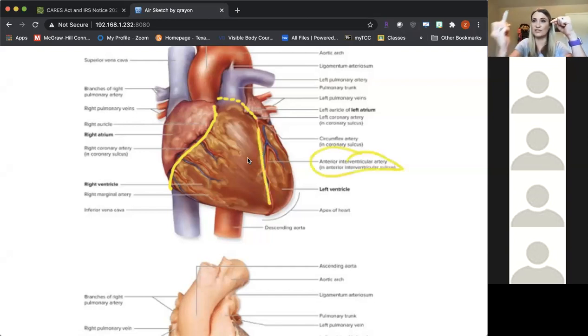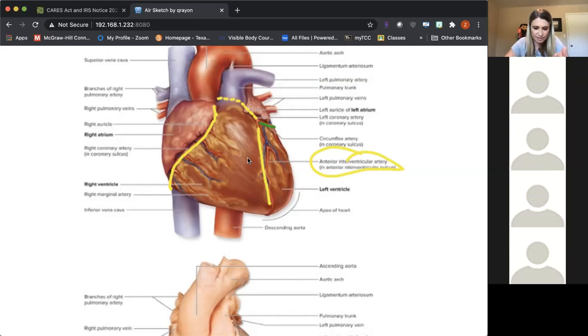The circumflex artery, the name should be a hint, goes around the circumference of the heart. Circumflex would be right here. So the left coronary artery splits into the anterior interventricular artery, which runs along the anterior side, and the circumflex, which would go to the left in the coronary sulcus.